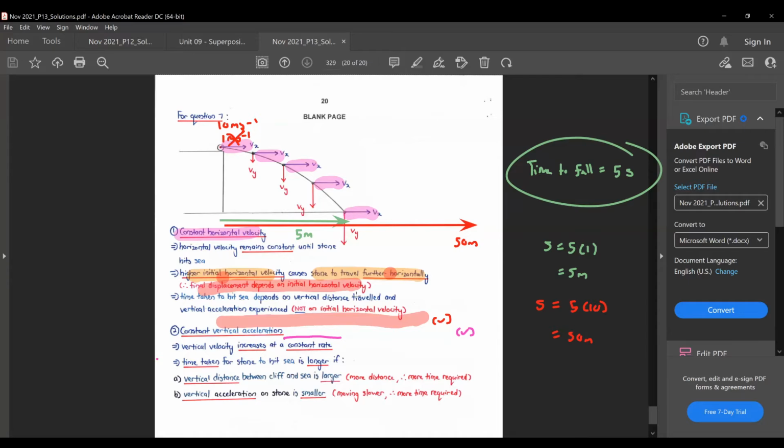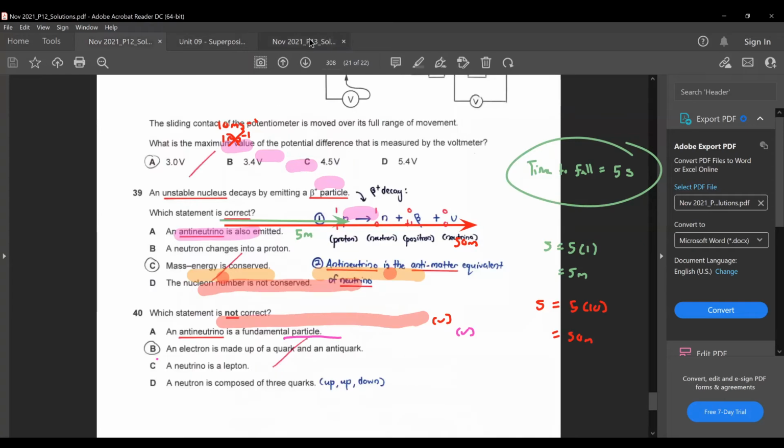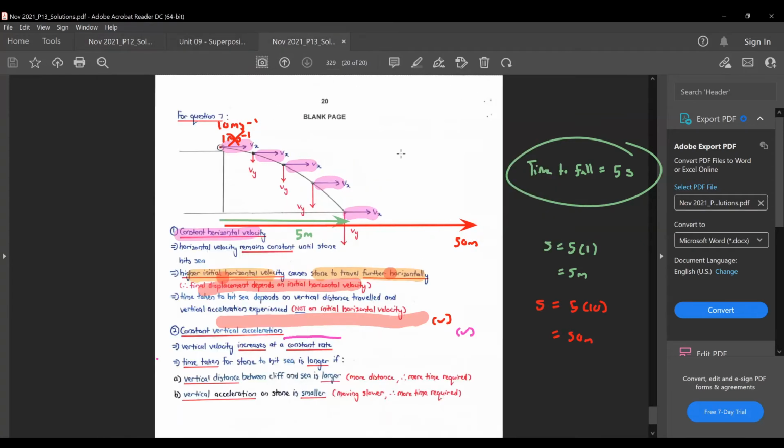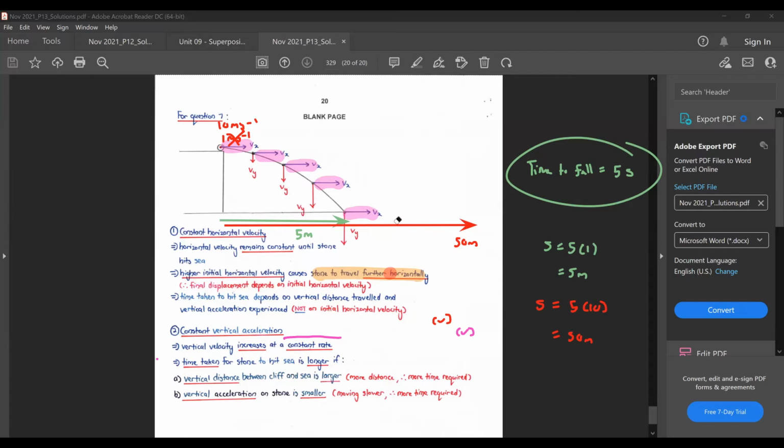Now, another thing here was this. The time taken to hit the sea, the last thing to know about the horizontal portion, was that the time taken to hit the sea depends on your vertical distance traveled and vertical acceleration experienced, not on your initial horizontal velocity.